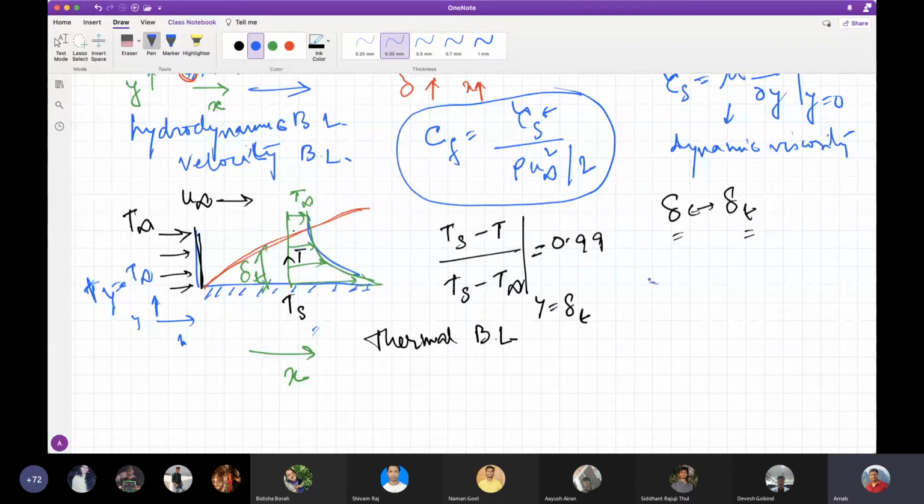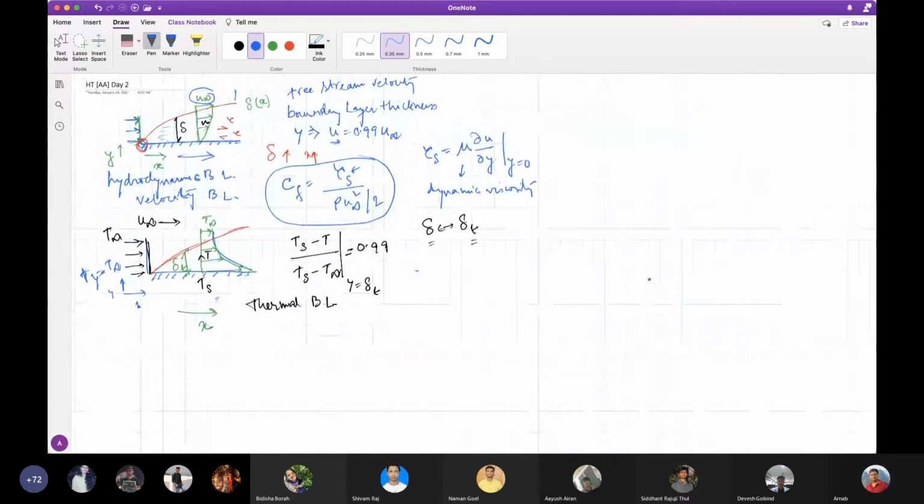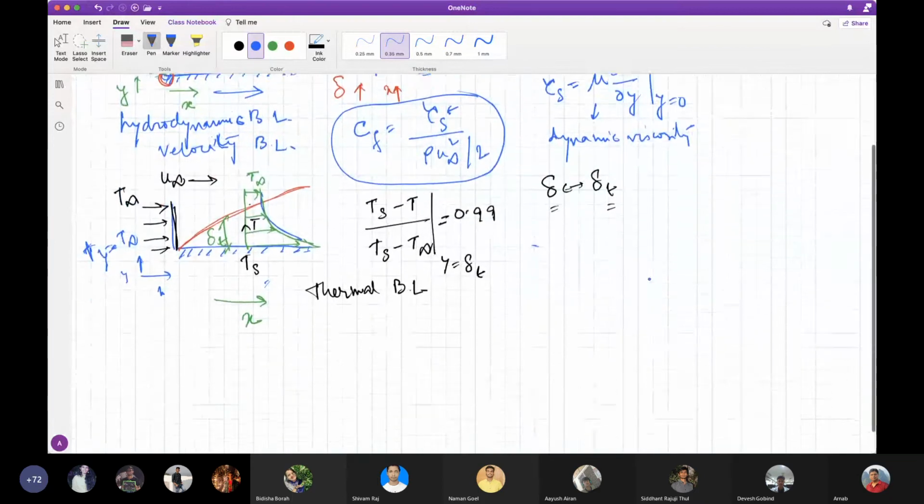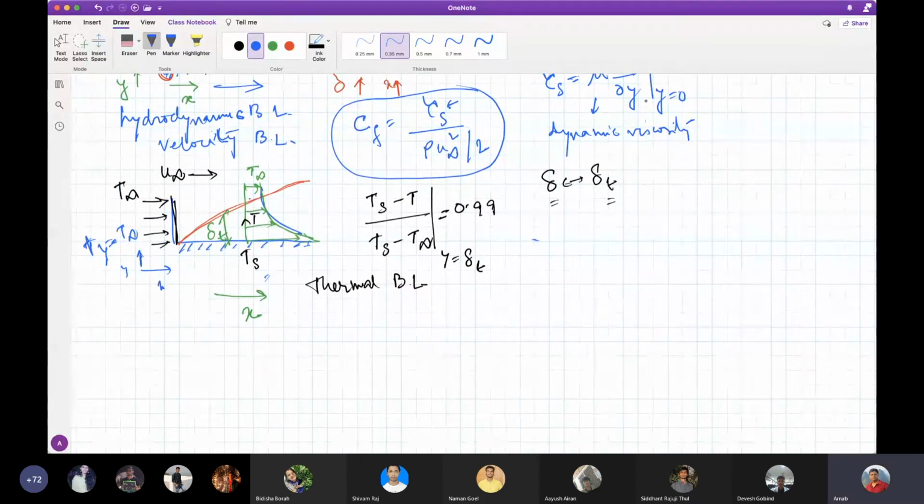With the nomenclature, say we use this one near the surface S, at the fluid at y equals 0, what can I write?